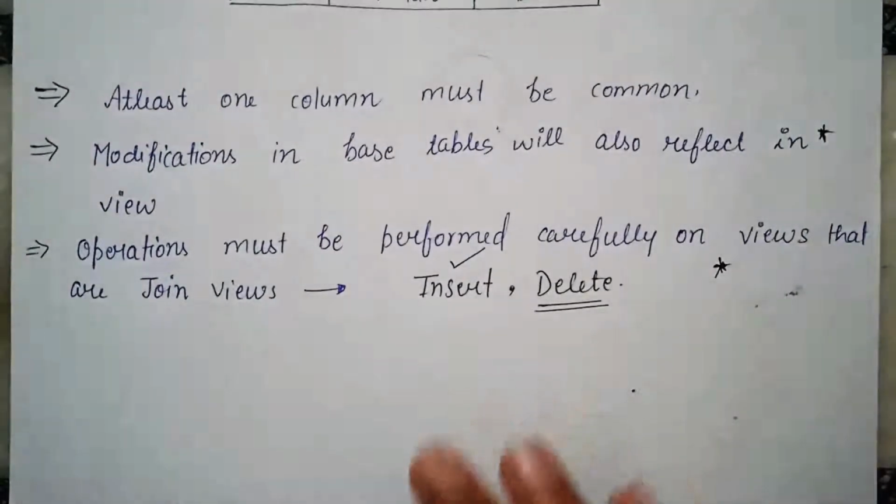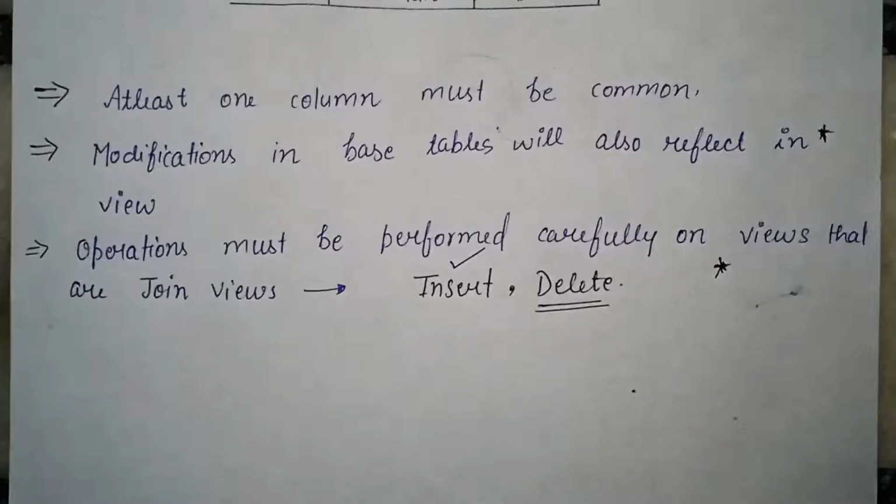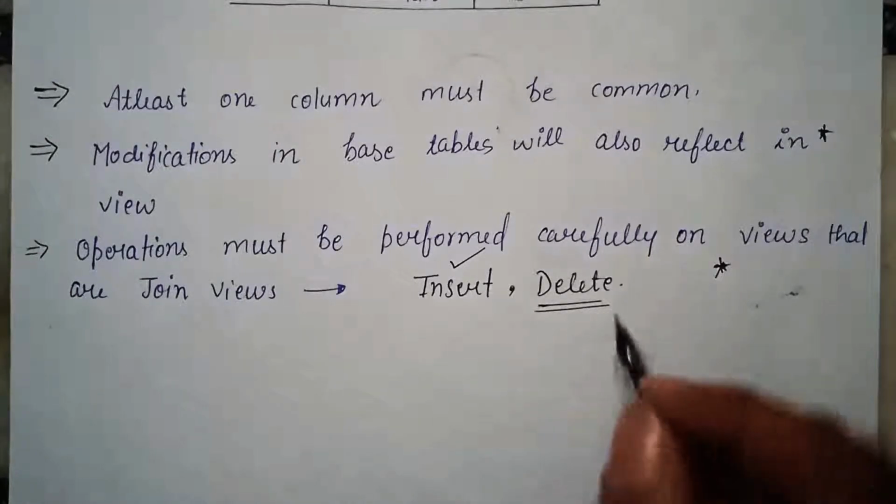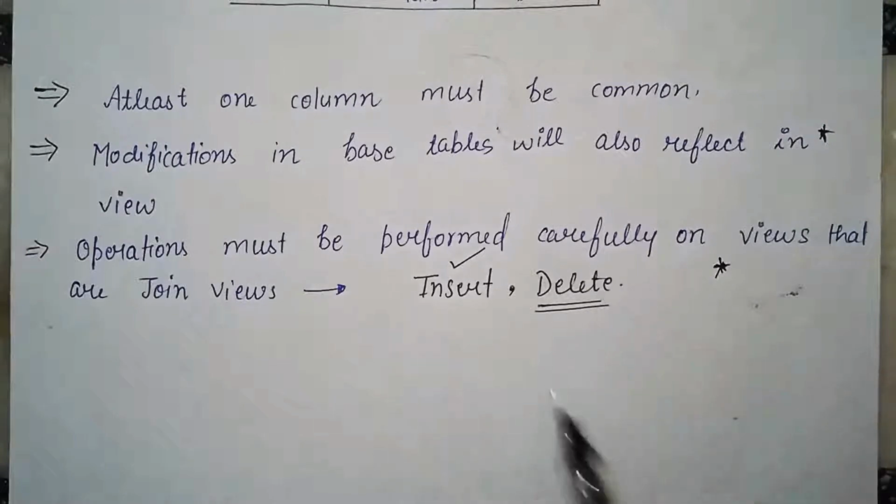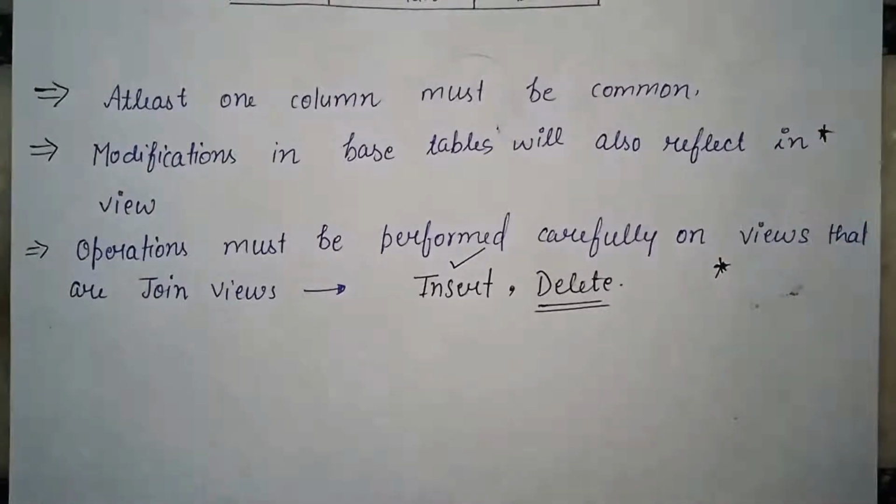When we perform the deletion, we also need to take care of the same things. Whatever updates we perform by using the deletion operation must make changes only in the key preserved table. Let's understand this with the help of an example.